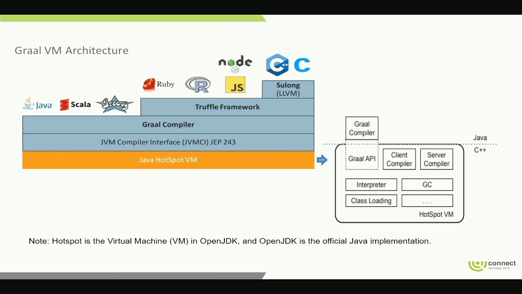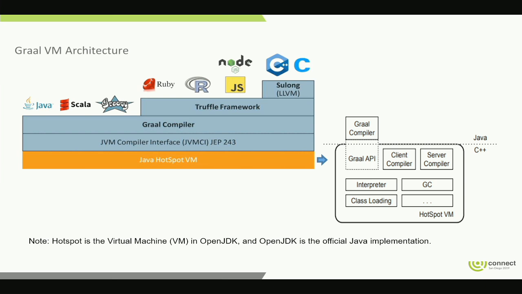So this is the Graal architecture and its relationship with HotSpot. Graal is the compiler to generate assembly code. HotSpot is the virtual machine that gives the runtime support. It contains garbage collection, class loading, the interpreter, and the client compiler and the server compiler.